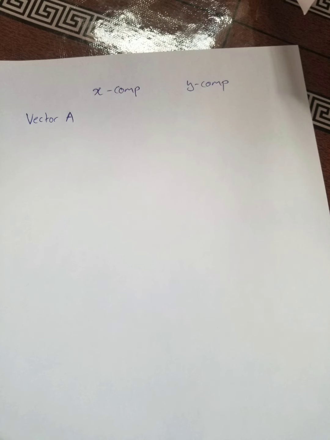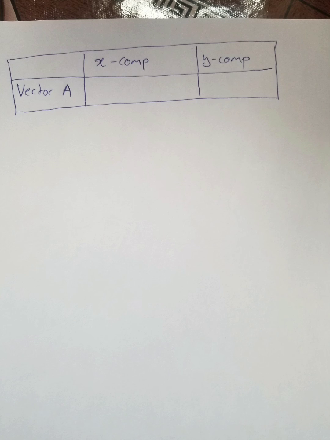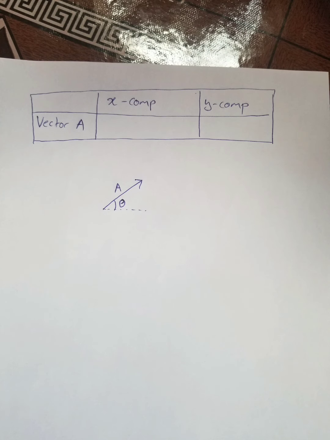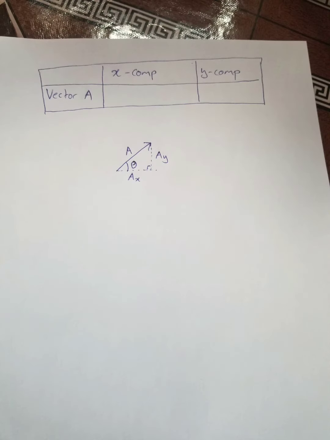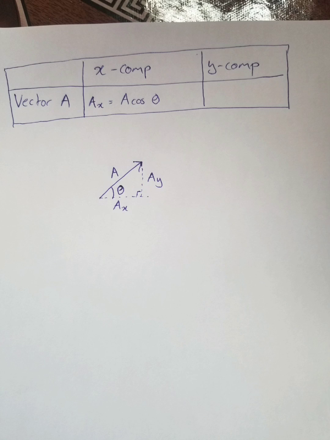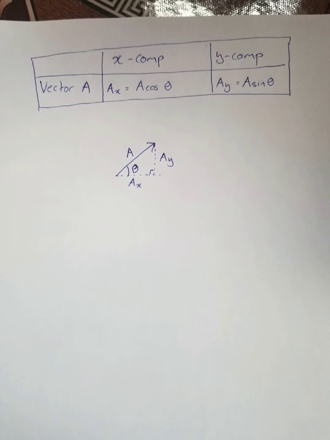So note that these equations only apply if the theta that you're using starts from the positive x-axis. So in this case, ax is going to be A cos theta and ay is going to be A sine theta.